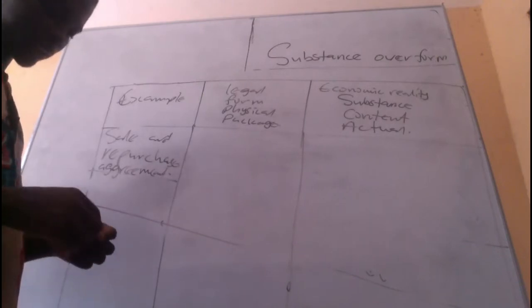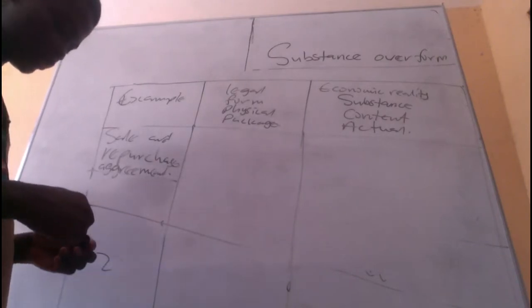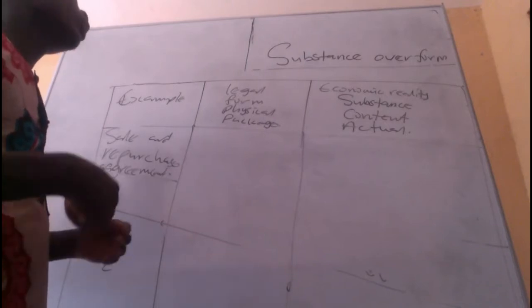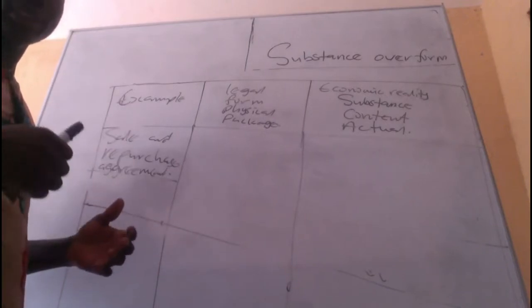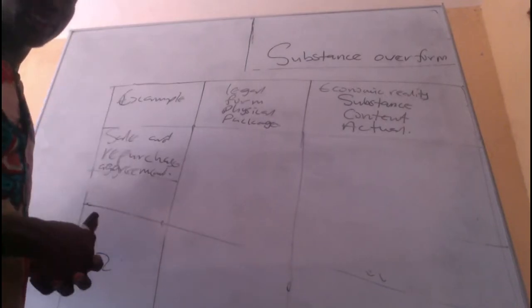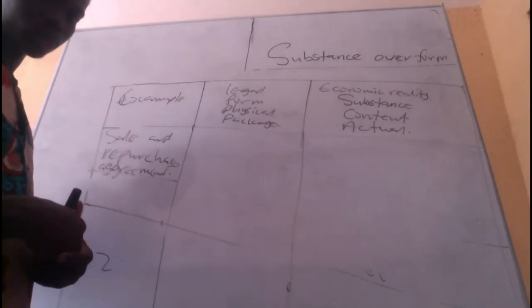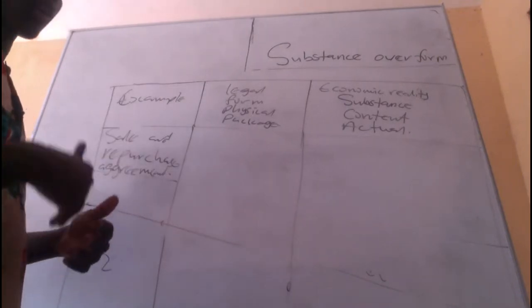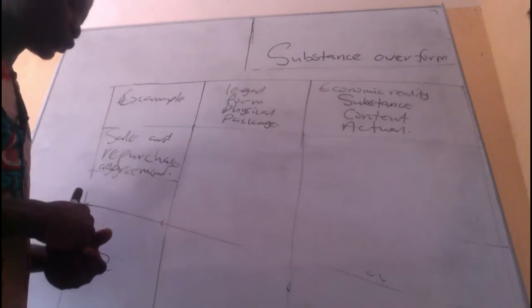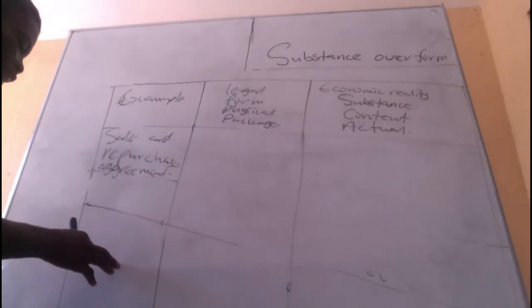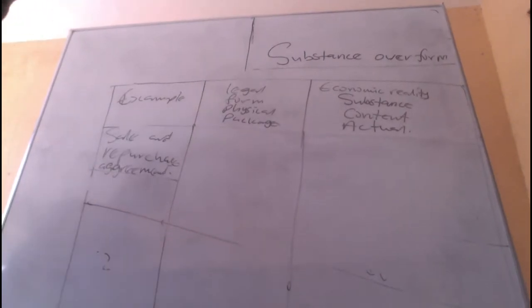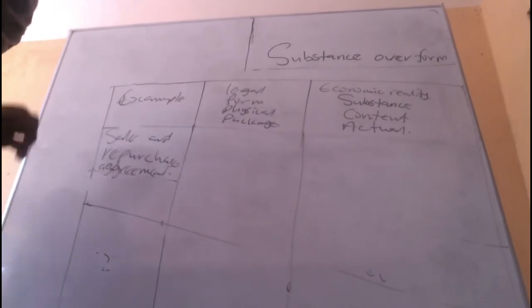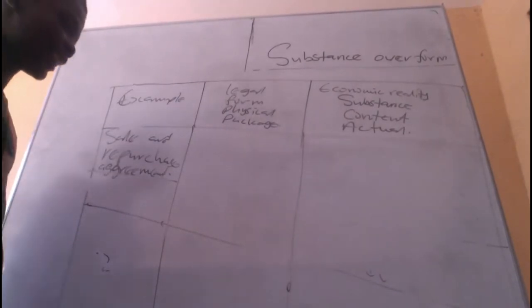We need the money urgently. Or even our loan capacity, we have exceeded it, so we can't go for an additional loan. So what do we do? Let's find a smart way of getting the money that we need quickly.